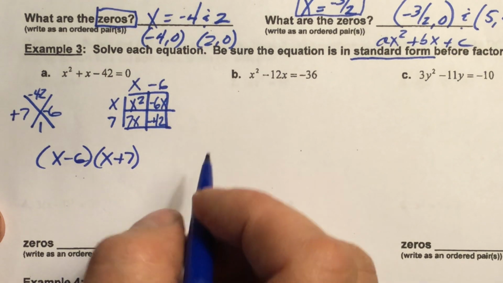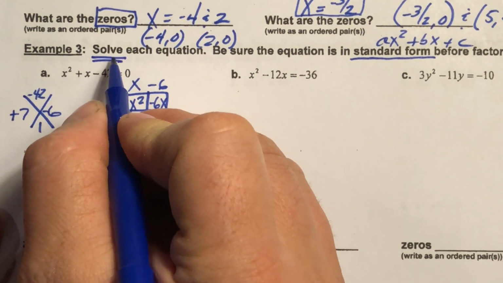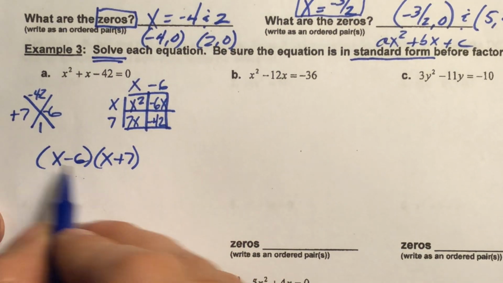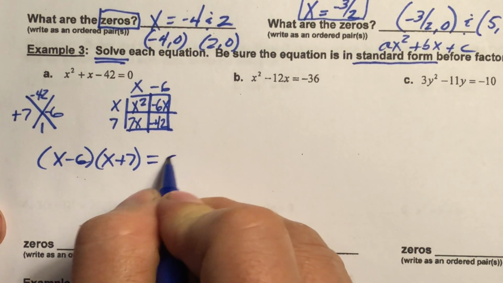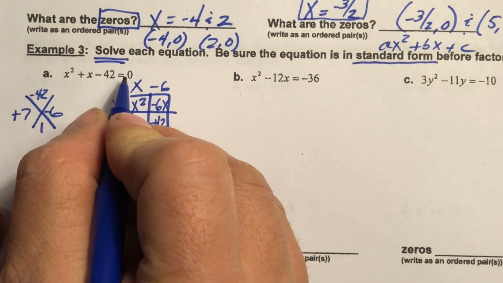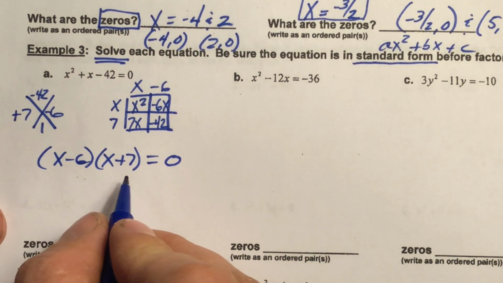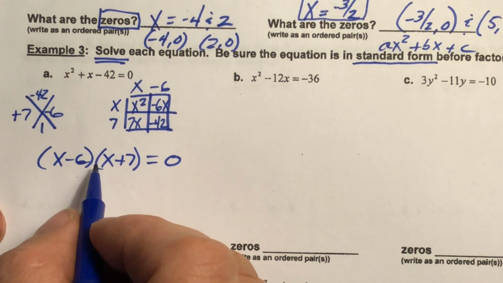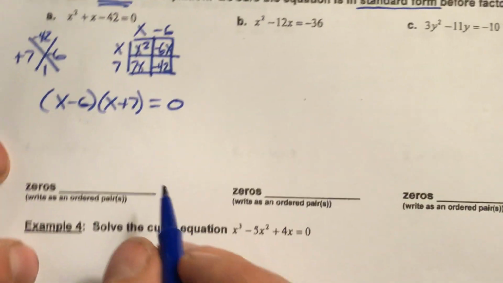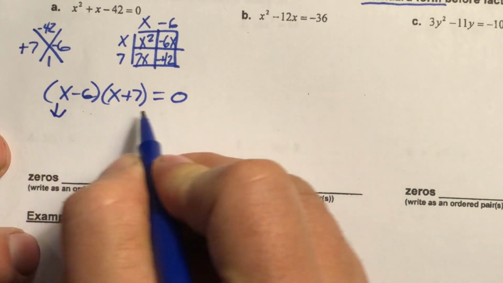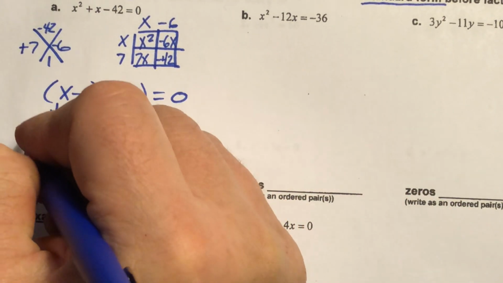Now, since I'm solving this, here's the difference, okay? Remember, we just factored it, but now I'm going to take this and set this equal to 0, because it's still equal to 0, right? So we took that trinomial, we factored it, and now all you do, you guys, is the same thing you just did right up here. We take each factor and set it equal to 0.